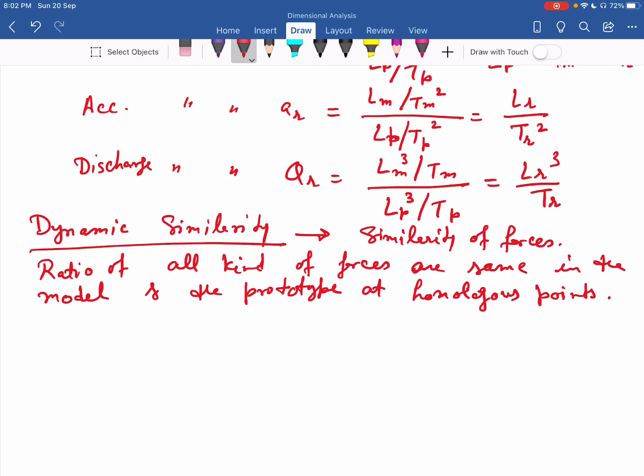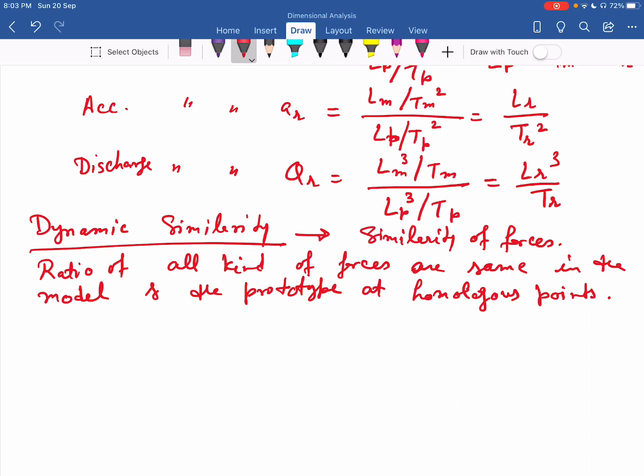Now say a fluid particle can be acted upon by a force Fp. So we have five types of forces: the pressure force, the viscous force, gravity force, surface tension force, and elastic force. Okay, so these five forces are acting on any fluid particle, and the result of these forces is the motion of the fluid particle.